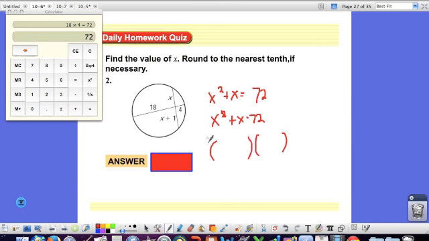Factor that. Factors of negative 72 are positive 9 and negative 8. Those also combine to give us positive 1x. Since our answers would be x equals negative 9 or x equals 8, we can't have a negative answer, so the answer has to be x equals 8.